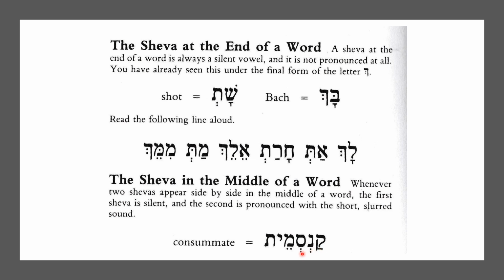This shava is at the beginning of this syllable, so it has to be vocal. This shava is at the end of this syllable, so it has to be silent. So it goes back to the original two rules that we had. But again, if you have two shavas in a row, the first one is silent, the second one is pronounced. So khan, smate. Okay?